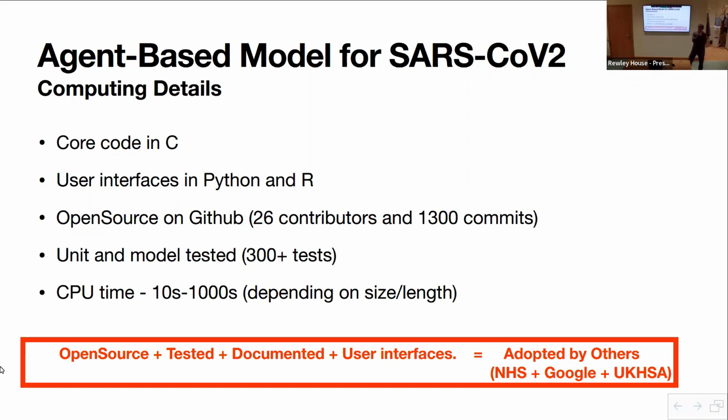The other thing we did from the very beginning was a lot of testing. We did a lot of unit tests and a lot of whole-model tests, and they're run as regression tests. I guess talking to a group of computer scientists, you'll obviously say, of course you do this, everyone does this, why would you not? And it's clearly the correct thing to do. Unfortunately, a lot of academic models aren't like that and aren't properly tested.